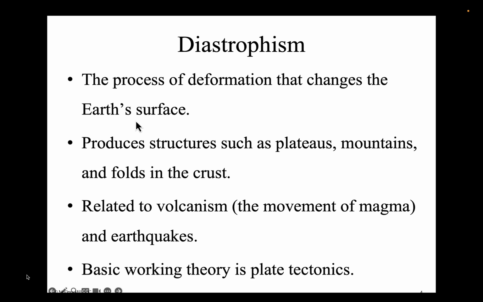These processes can produce structures such as plateaus and mountains. We're going to take a look at mountains in this class. We're also going to take a look at folds, the folding structures that help make the mountains. These changes are also related to volcanic activity, which is the movement of magma, and even earthquakes.